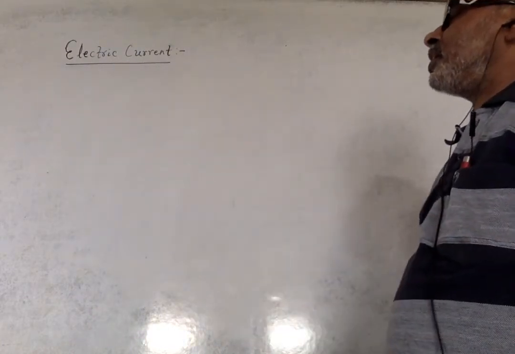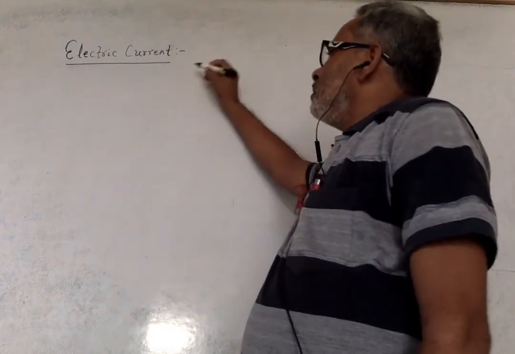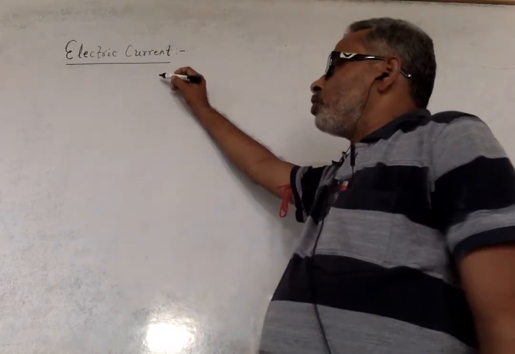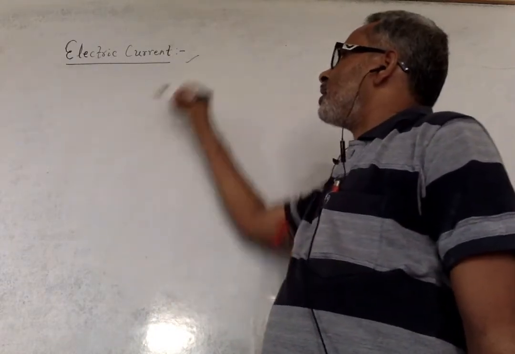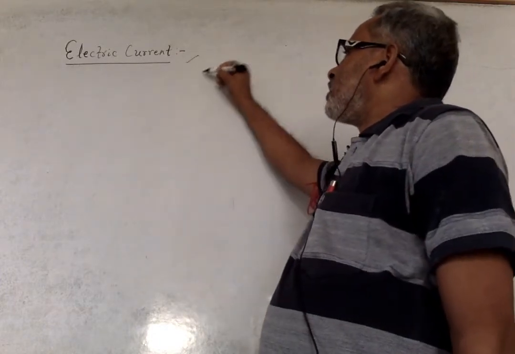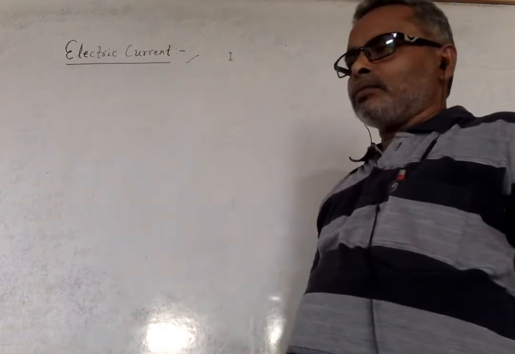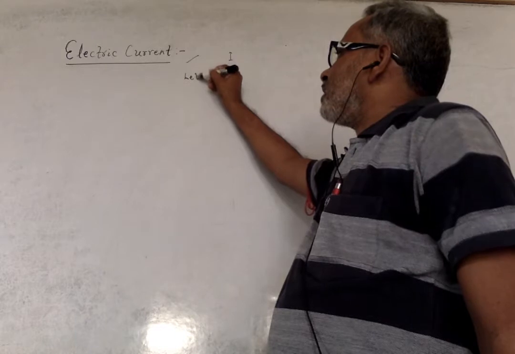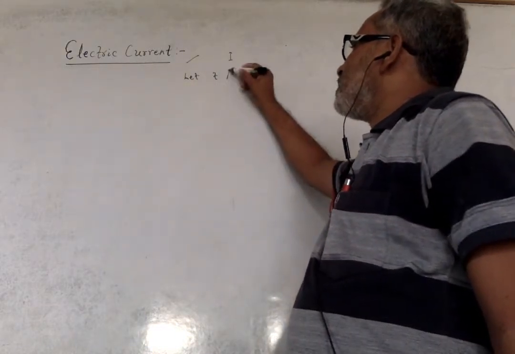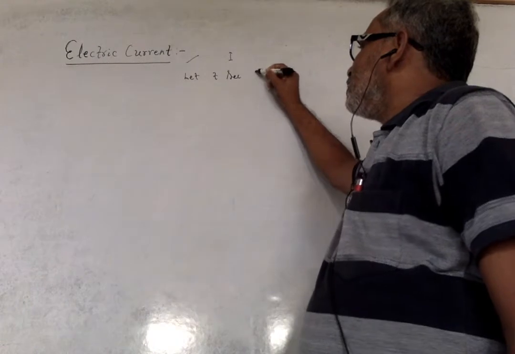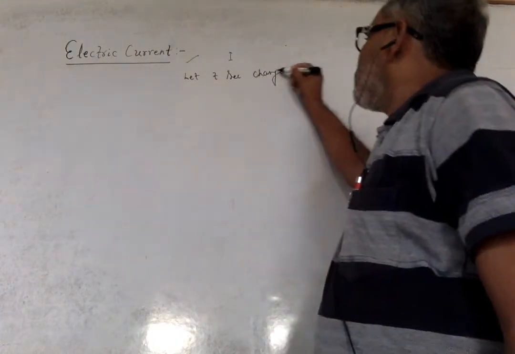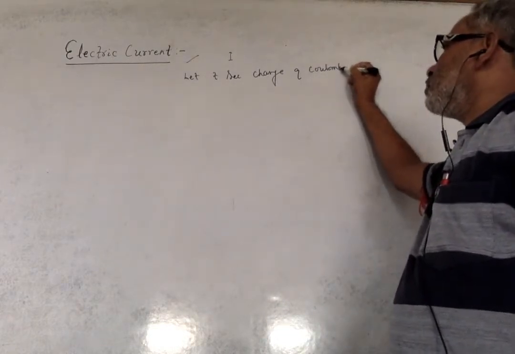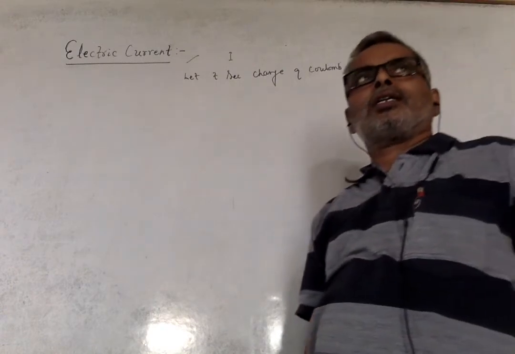We may define electric current. The electric charge flowing per second through the conductor is called electric current. It is generally denoted by I, capital I. Let in time t seconds, charge q coulomb flow through the conductor.